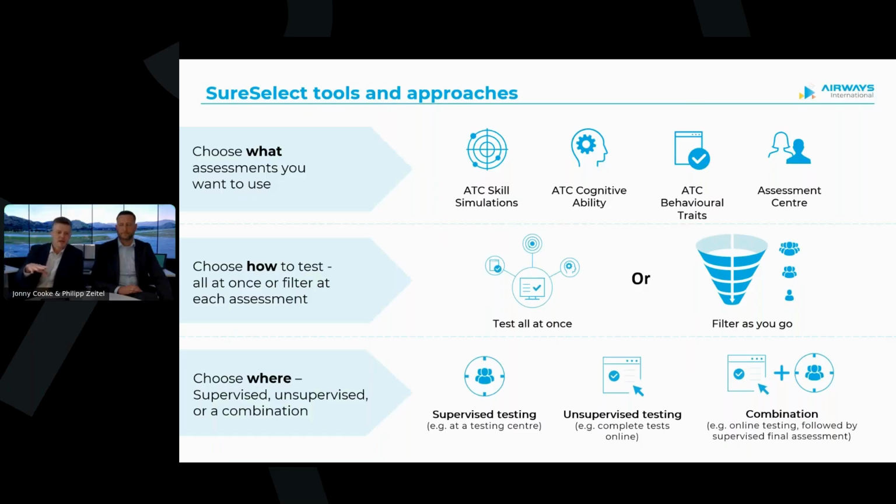Again, some ANSPs will do all the testing in one go. It can be quite a lot of time. Others decide to just do a stage gate approach, where they'll send the first tests, and only the ones who make it through those will get sent the next, and so on.